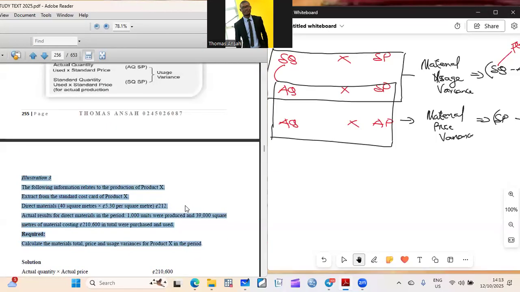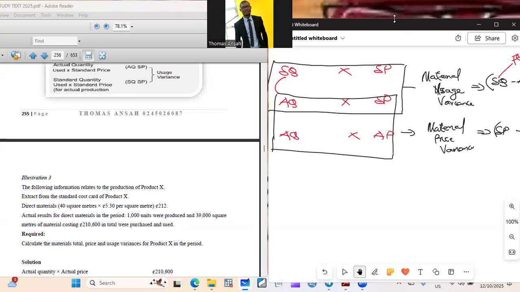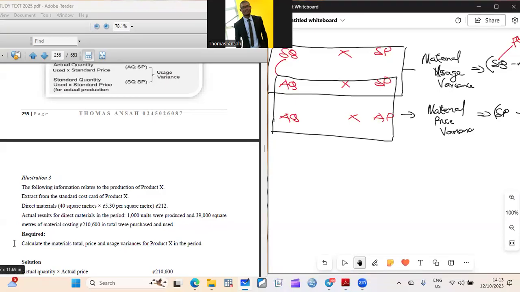Those who don't want to show up the solution yet, okay, do it now. Let me see. You are solving this question. You are calculating the total material, the material total. You are doing the price.